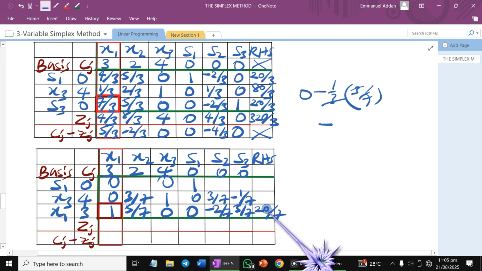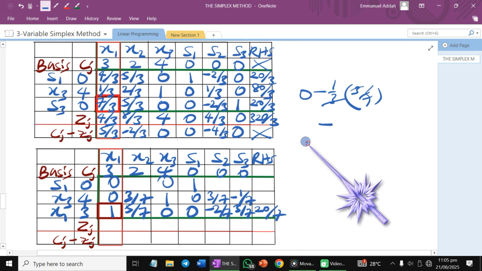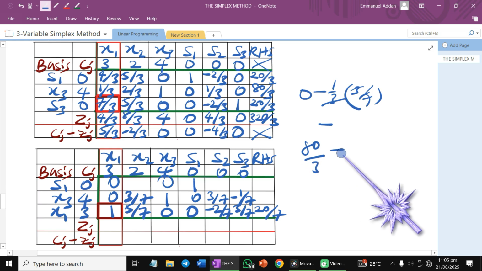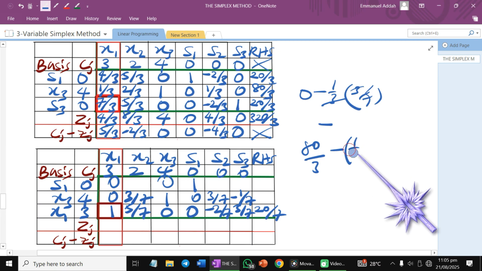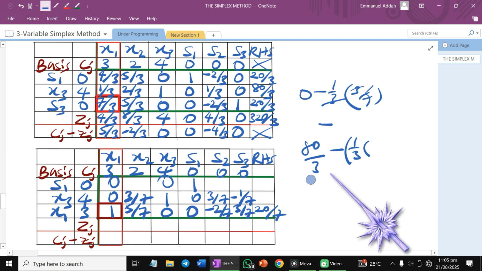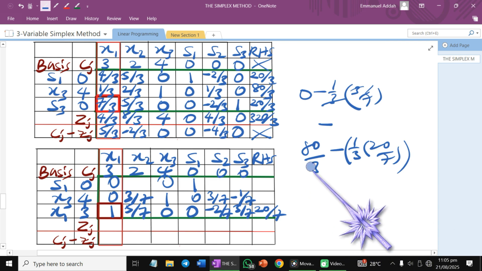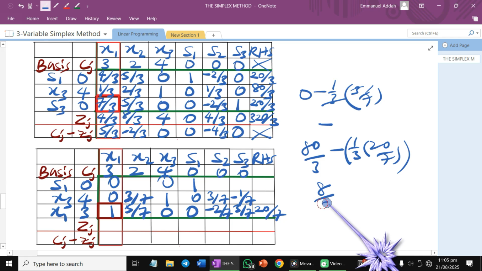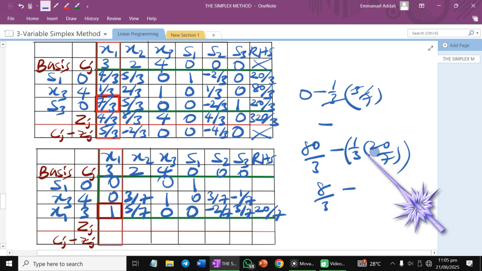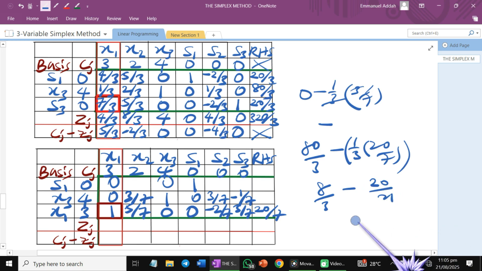You go to the next one. What's the corresponding value here? Is 80 over 3. That will be 80 over 3 minus our X. Our X is this guy, 1 over 3, into our new pivot row value, 20 over 7. So that will be what? That will be 80 over 3 minus, we cannot cancel here, so just leave it like that, 20 over 21.